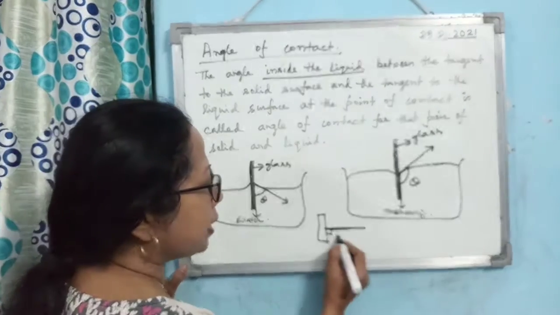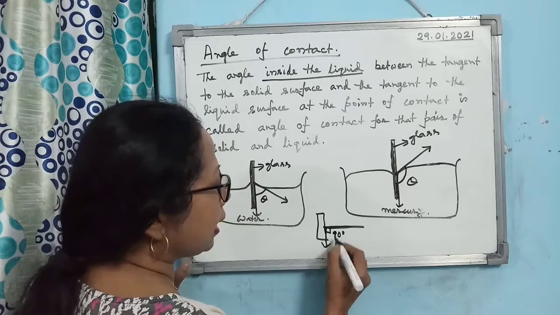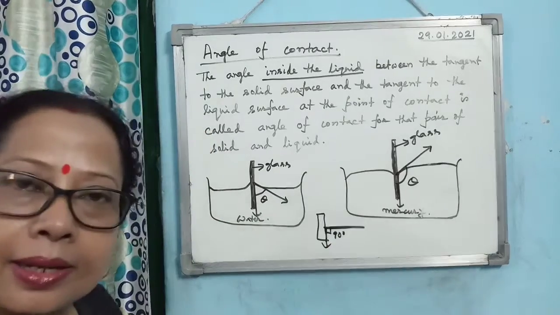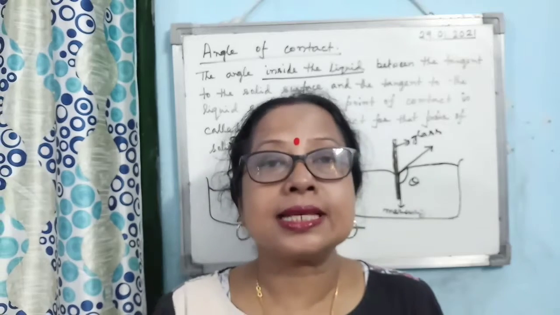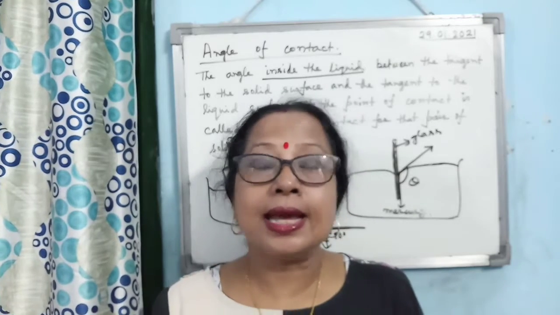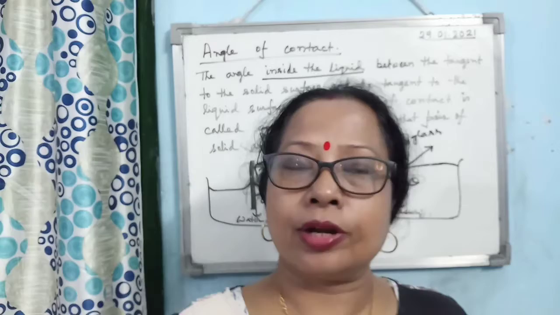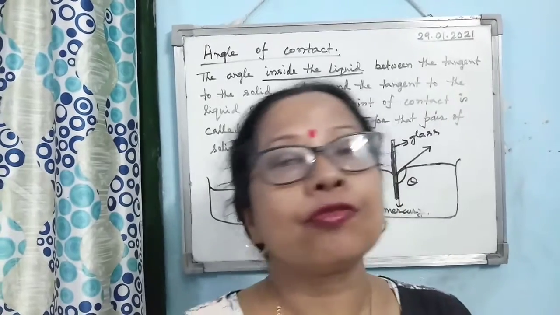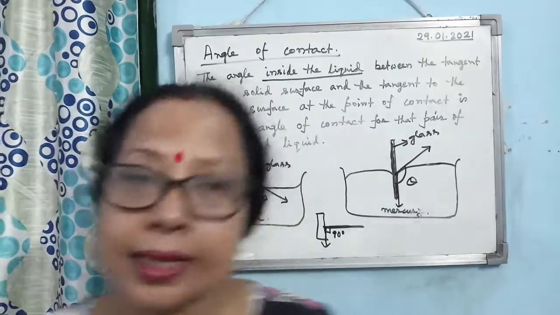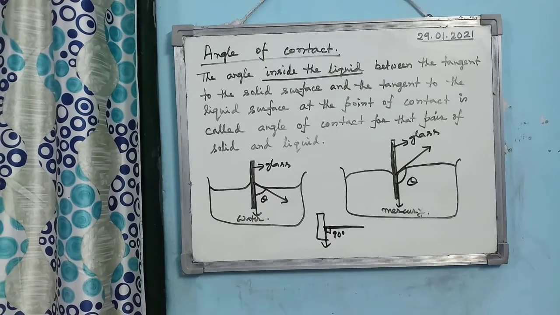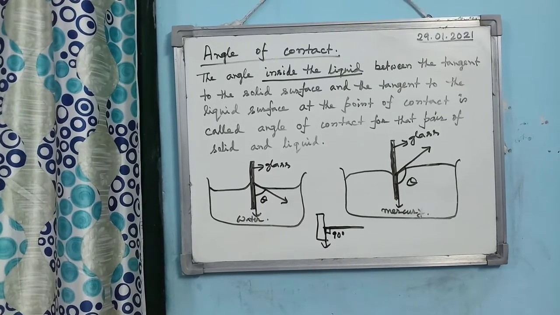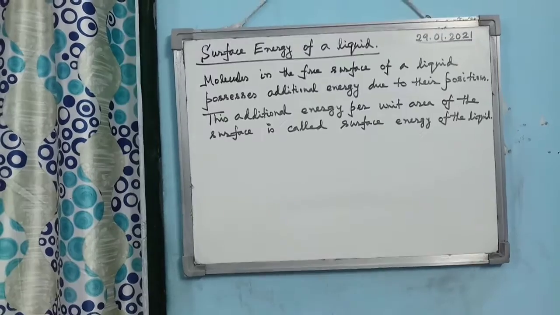It means what? What is the angle of contact? The angle of contact is 90 degrees. So for a liquid whose meniscus is a plane surface, neither concave nor convex, the angle of contact is 90 degrees. Okay, so these are the basic concepts related to the angle of contact.